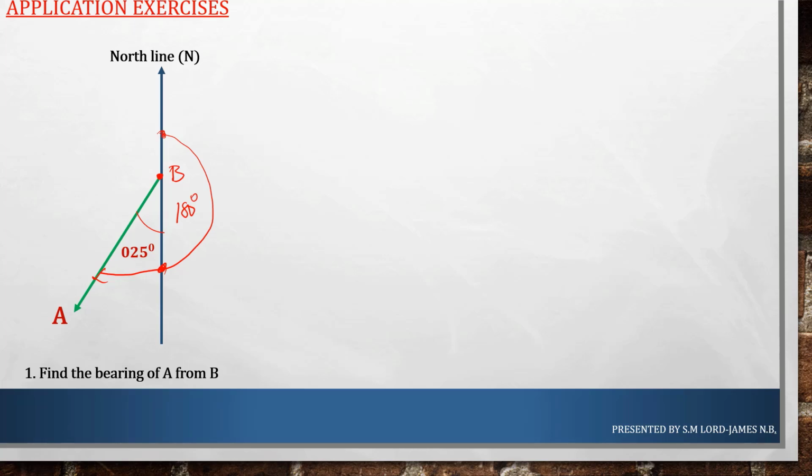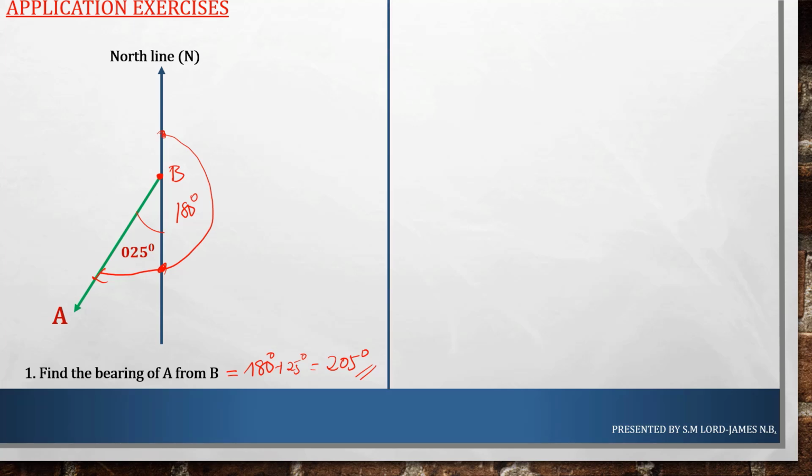So this bearing will simply be equal to 180 degrees plus 25 degrees, and this will give us a total of 205 degrees. So that is the bearing of A from B. Okay.